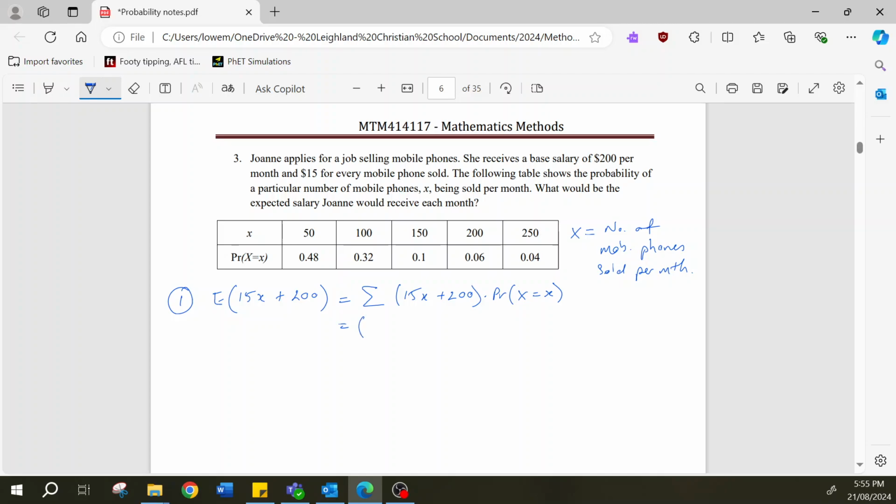which we can see will be, first of all, 15 times the first value, 50, plus 200, multiplied by 0.48, plus, and then the next one.